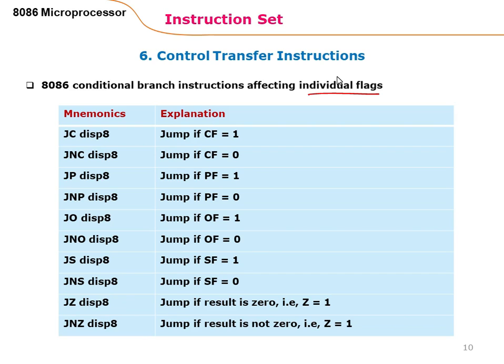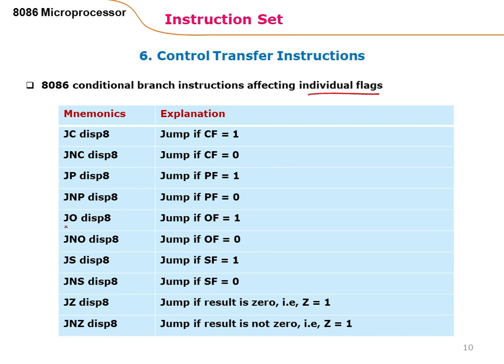Similarly, we can check the flag value by using these control transfer instructions. First is JC, that is jump if carry flag equal to 1, and JNC is nothing but jump if carry flag is not equal to 1, that is equal to 0. JP is jump if parity flag is set or 1. JNP is jump if parity flag is not equal to 1, means it is equal to 0.